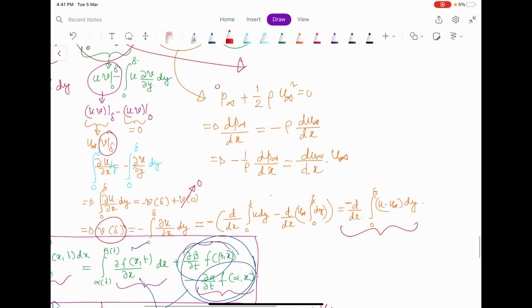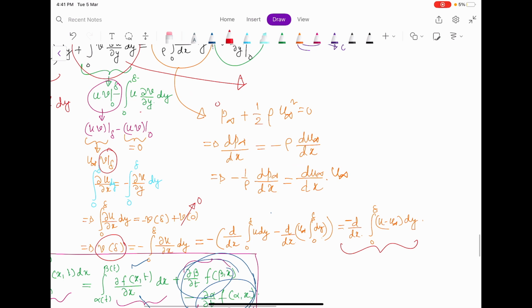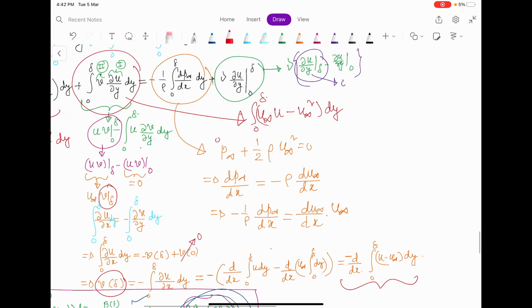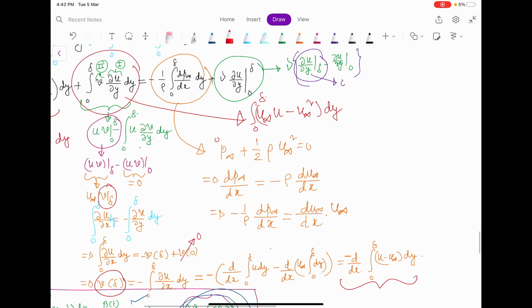So u infinity into this whole term minus this, so u infinity into u minus u infinity square, integral dy 0 to delta, right? Minus of d dx of this, so I have minus of d dx of this minus of u into u del v del y, right, this thing.